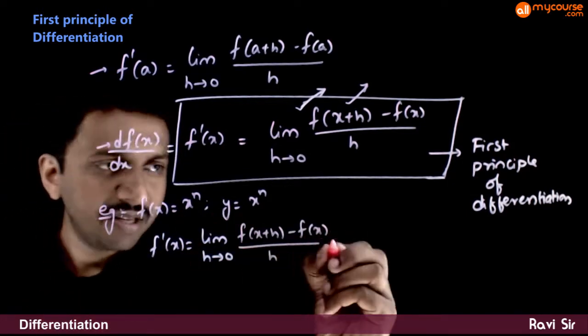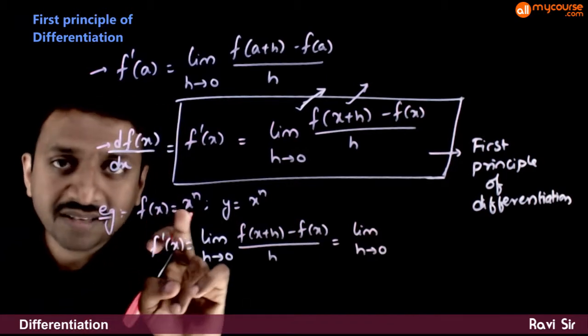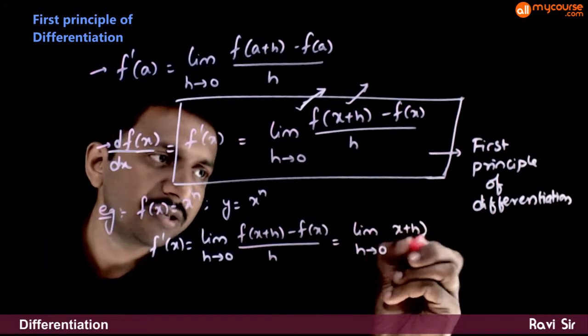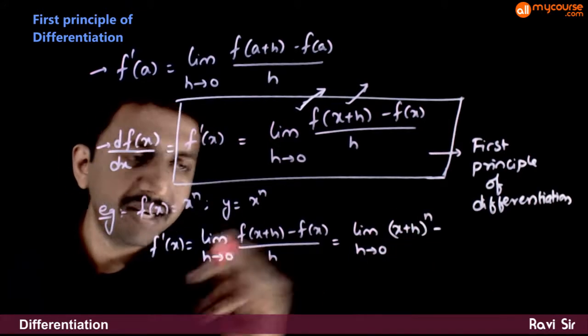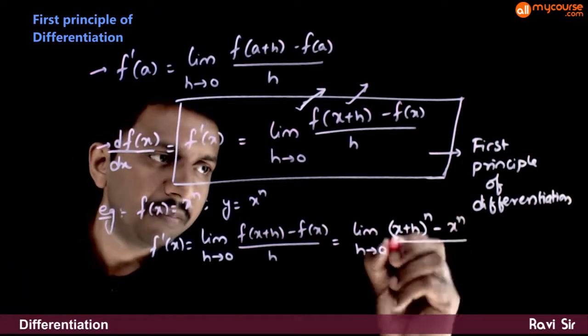Is a formula that is equal to limit h tends to 0, f of x is x power n, f of x plus h is x plus h whole power n, minus f of x, which is nothing but x power n, by h.